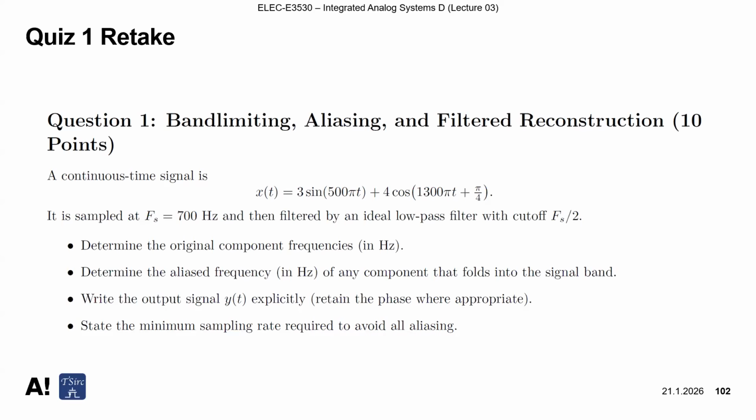The retake is for the people who couldn't make it to the class to take quiz 1. So let's say you're not happy with your quiz 1 result, then you can always retake quiz 1 even now. So please contact the 2 TAs if you're not happy with your quiz 1 result, and you can take another round of quiz 1 retake.